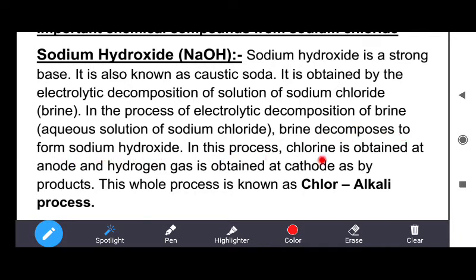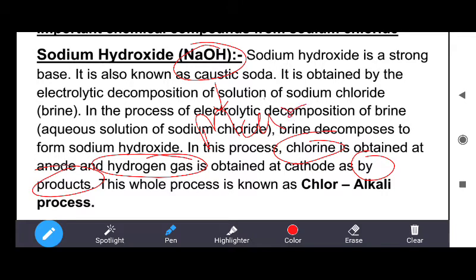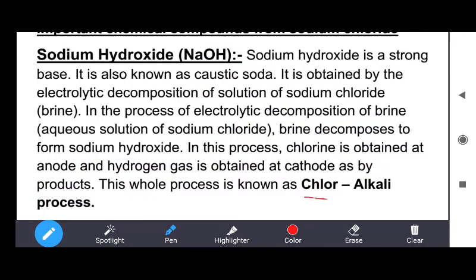Chlorine is obtained at the anode and hydrogen gas is obtained at the cathode as byproducts. Remember this: hydrogen gas and chlorine gas are both obtained as byproducts, while sodium hydroxide is obtained as the main product. This process is also known as the chloralkali process.